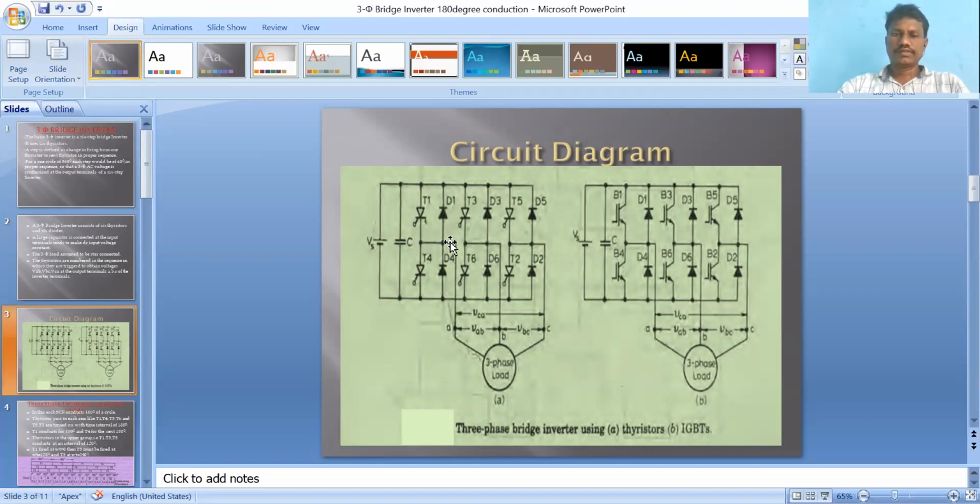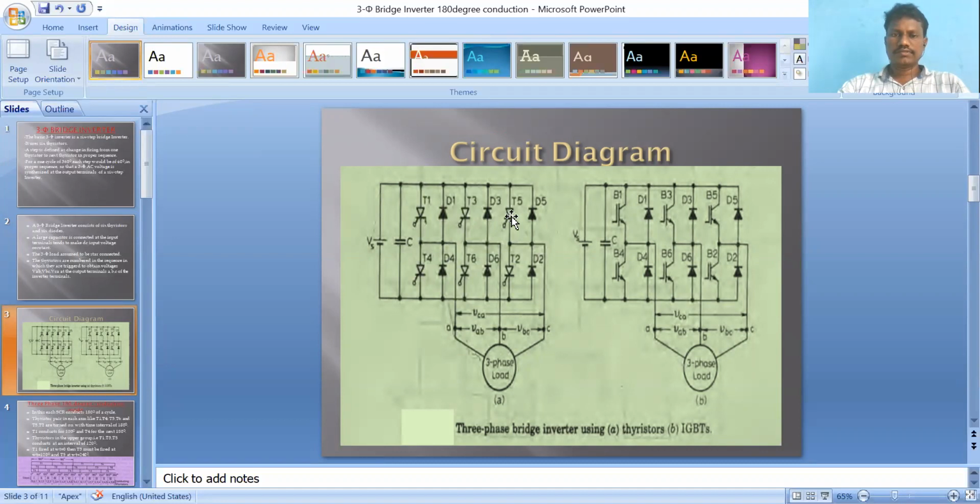So this is the A terminal, this is the B terminal, and this is the C terminal. Clear? It is a circuit diagram. The first limb consists of 2 thyristors T1, T4. The second limb consists of T3, T6.